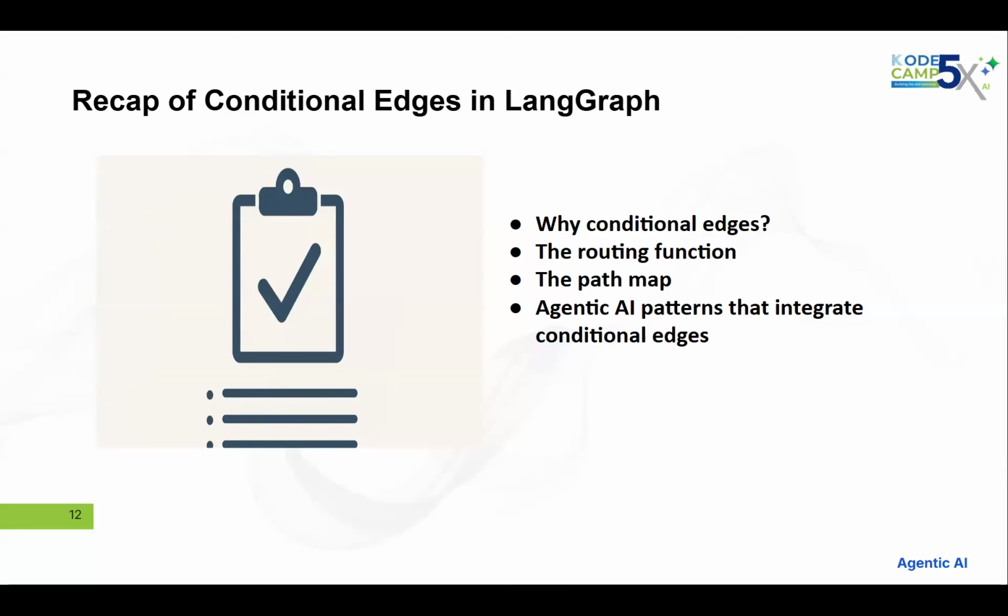Okay, so last Tuesday, like we touched on a fixed edge and the conditional edges. So the fixed edge in this case is a static path or a deterministic path.